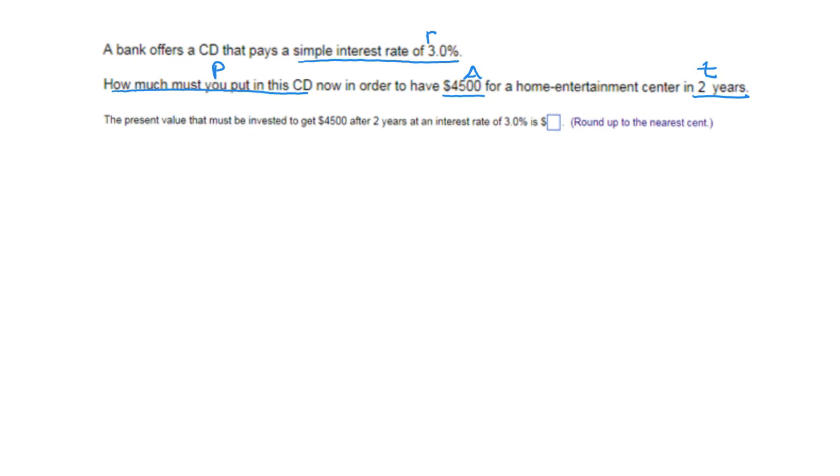And if you recall, our formula that we used for P is equal to A divided by 1 plus R times T. And we're going to keep in mind that this says round up to the nearest cent. So let's take the information we have. We're looking for P. We want a future value of $4,500.